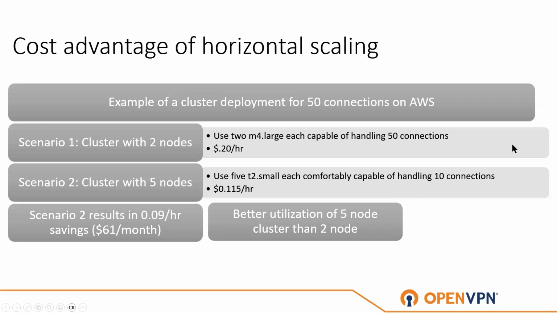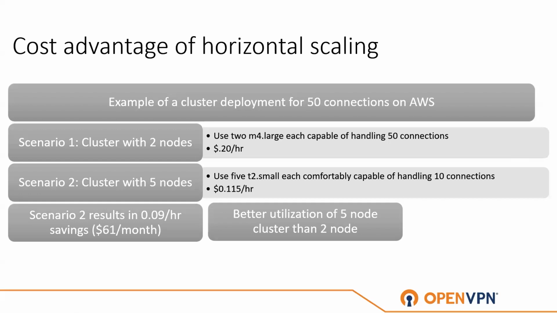And next, here's an example of cost advantages by using horizontal scaling. Here we are comparing two scenarios for deploying a cluster to support 50 connections to an AWS VPC.